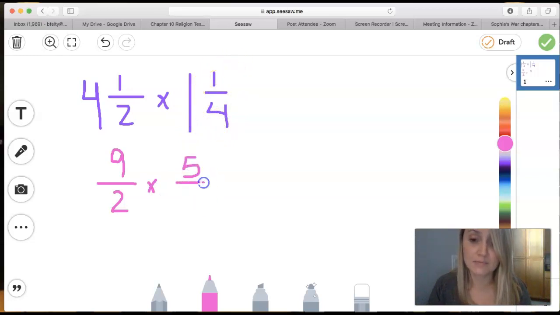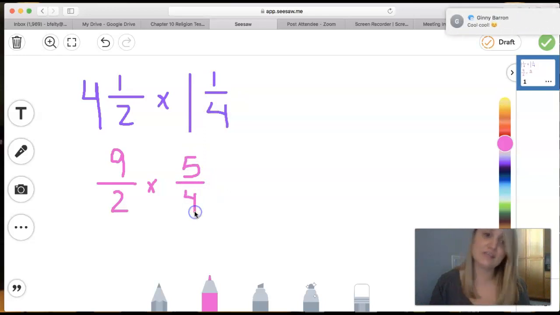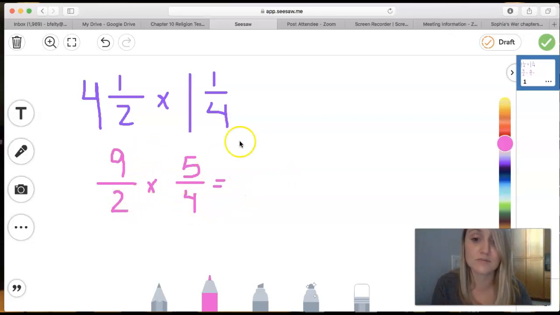Denominator stays the same. This is one where we can't reduce on either of these. 5 and 2 don't have anything in common, 9 and 4 don't, so we just have to go straight across. So we have 45 over 8.